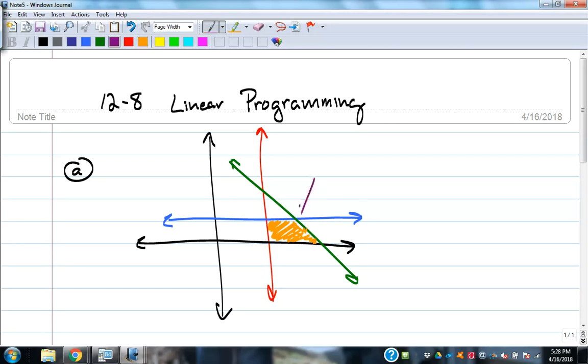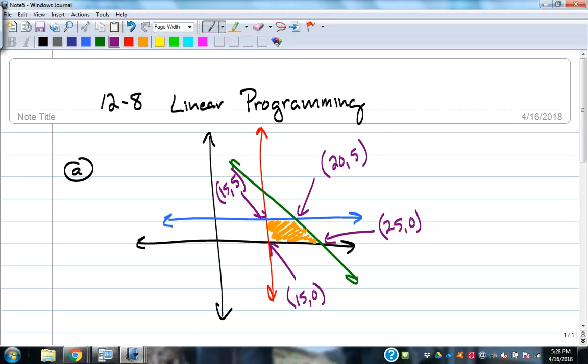And there are ordered pairs here. So let's say this ordered pair is 25, 0. This ordered pair is 15, 0. And that ordered pair right there is 15, 5.